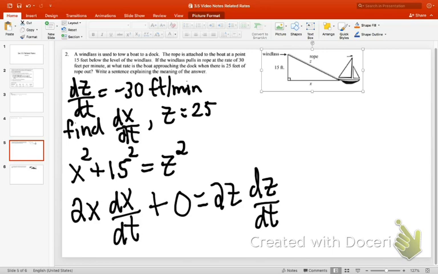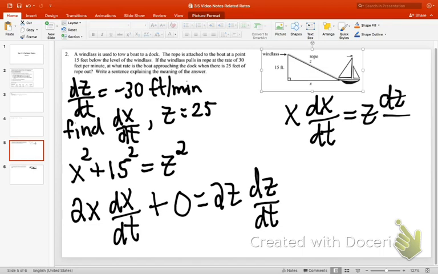All right, so we essentially have x dx dt equals z dz dt. So these twos cancel. We can just simplify that before we plug information in.